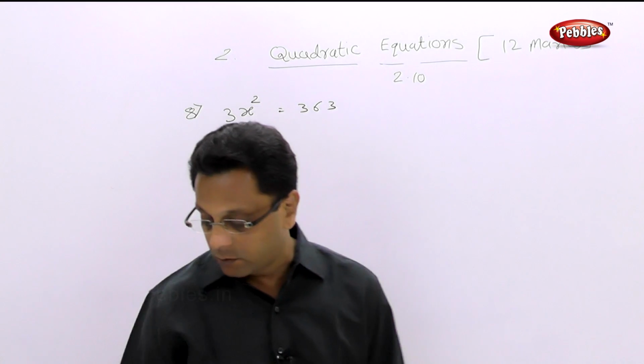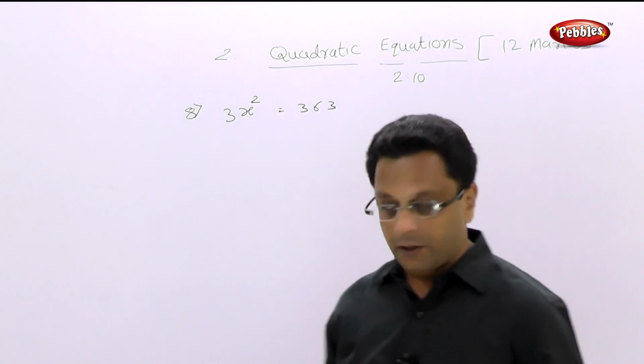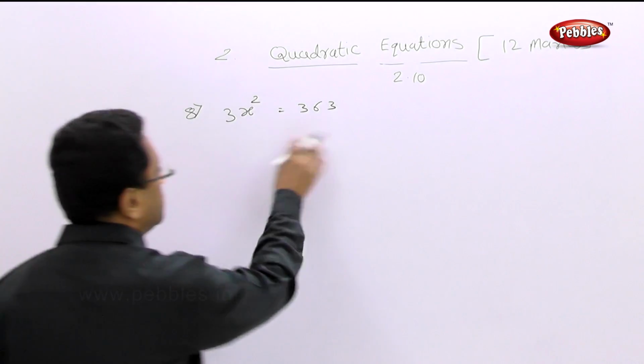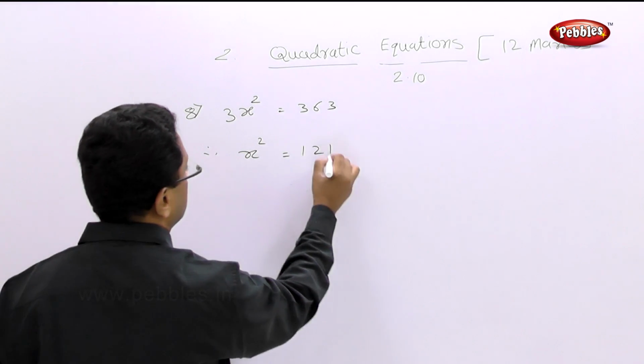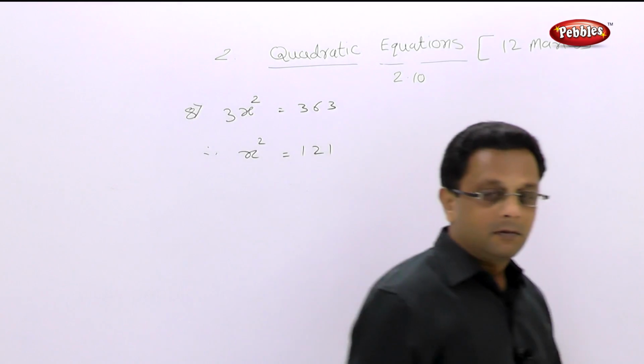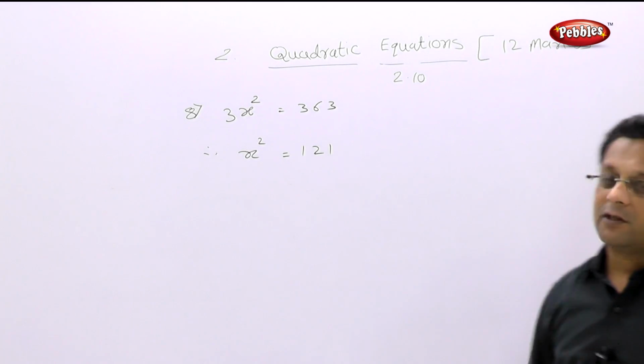So we have to find out the number. Now here, just by solving this, we'll get x square. Though this is a quadratic equation, it's very easy.